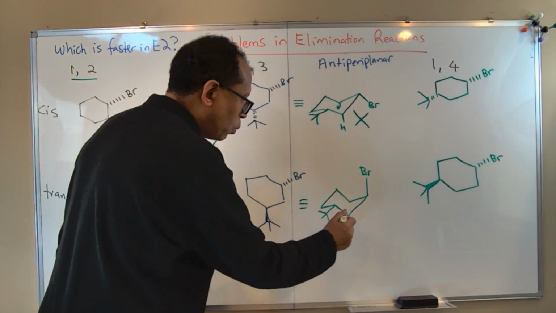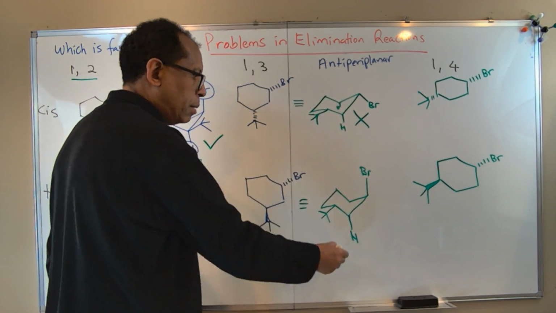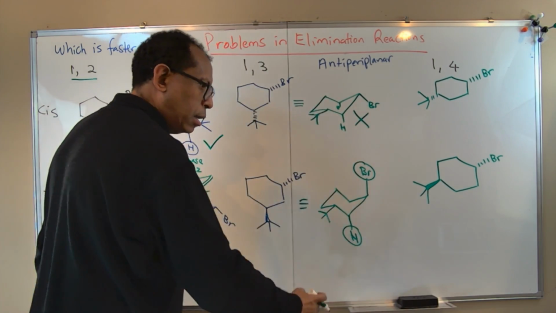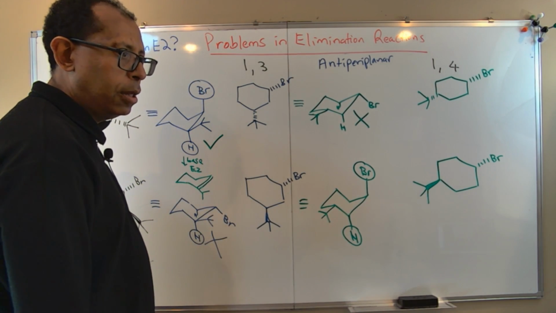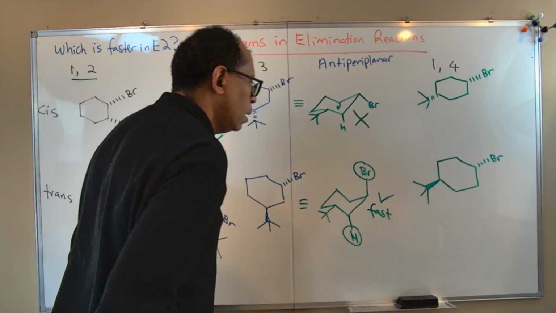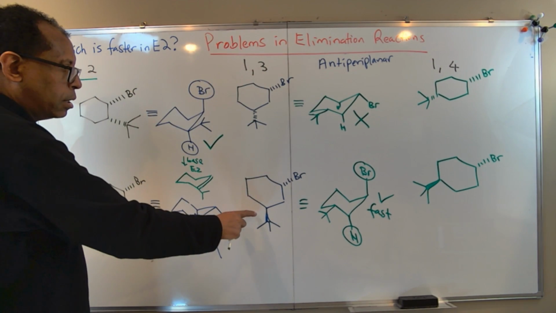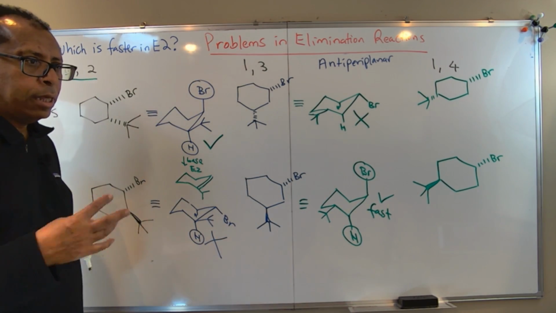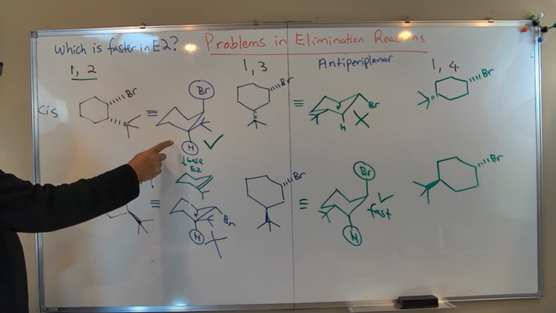Hence, this one would have a hydrogen that is anti-periplanar. If you just have a plane, this is here, 180 degrees, that could do the elimination much easier. So this is fast. So between the cis 1,3 and the trans 1,3, the trans 1,3 does the E2 elimination faster. But for the 1,2 case, the cis does faster.